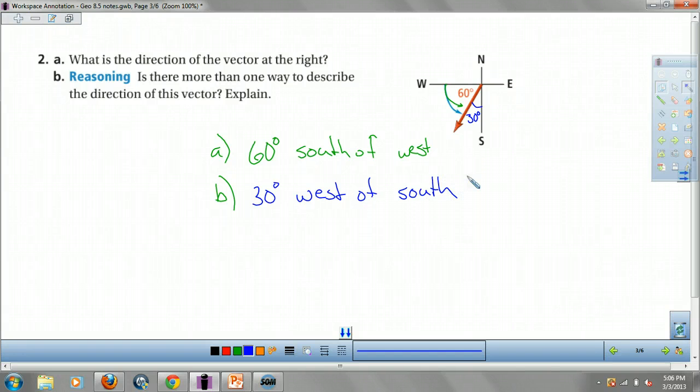Both work. The line that you're starting at is going to be your second part, and then which direction you go will give you the part in the front. That's so confusing. Just look at it, guys. If you have questions, ask me.